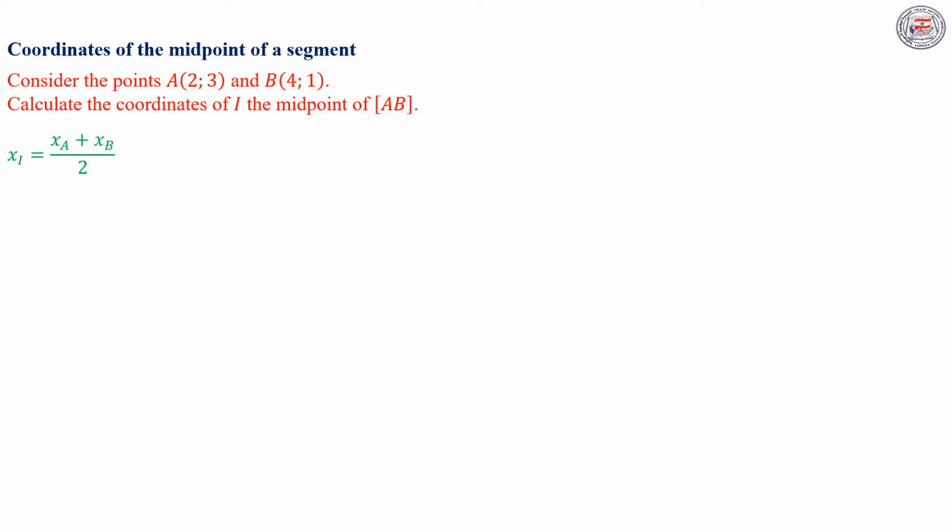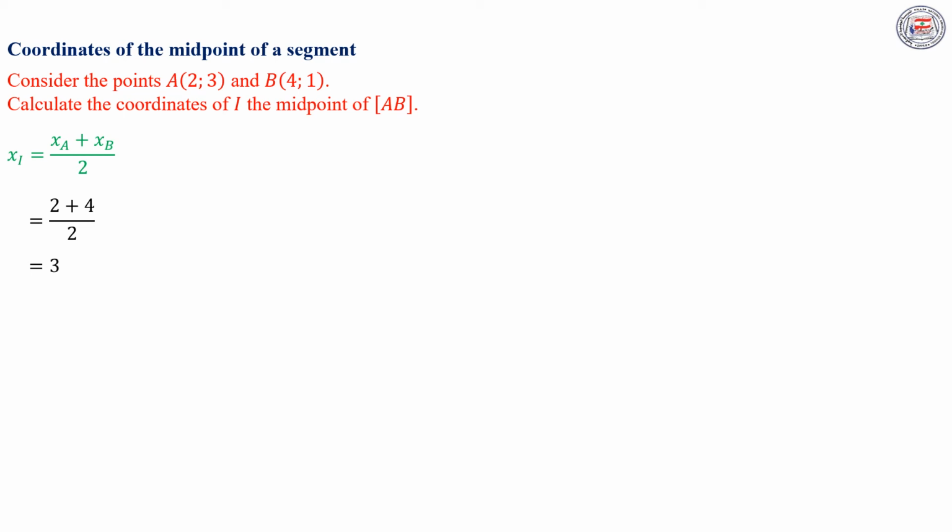x of I as a formula is equal to x of A plus x of B over 2. x of A in this case is 2, and x of B in this case is 4. That means x of I is equal to (2 + 4) over 2, equal to 3.